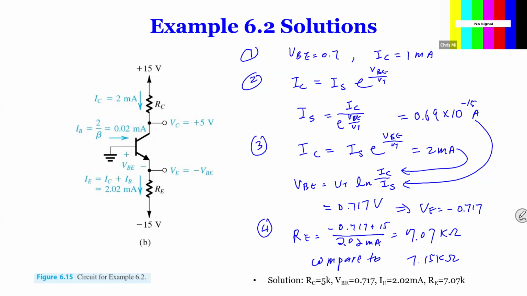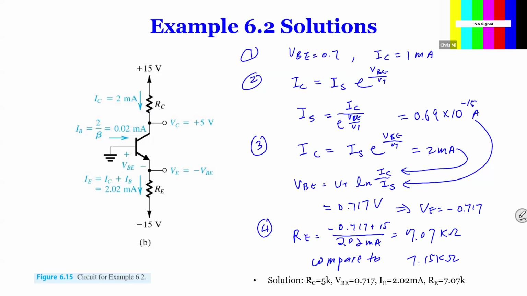Now, if your current is 2 milliamps, VB actually changes slightly. The change is based on the equation IC equal to IS times e to the power VB over VT. So IC and VB are related in that exponential relationship.